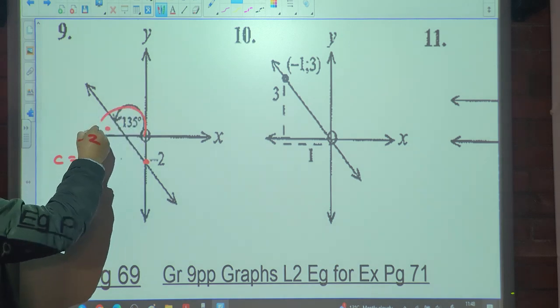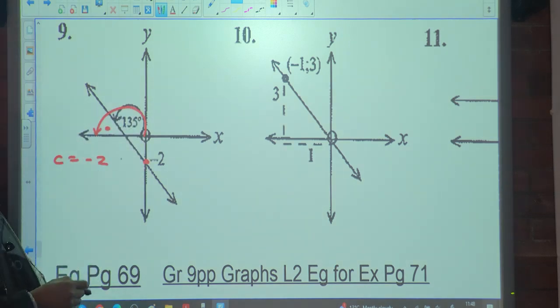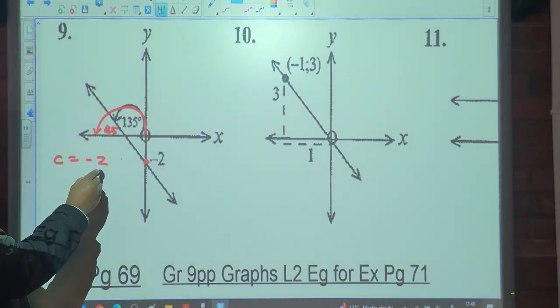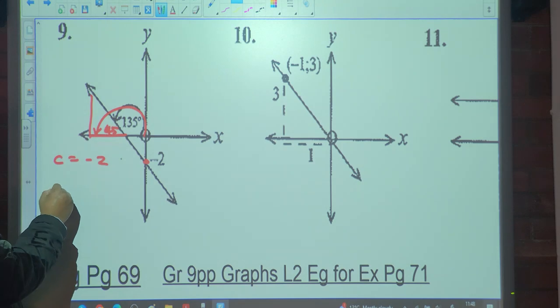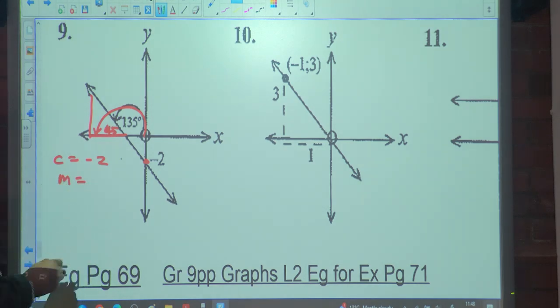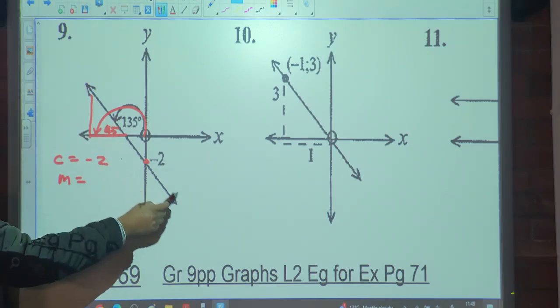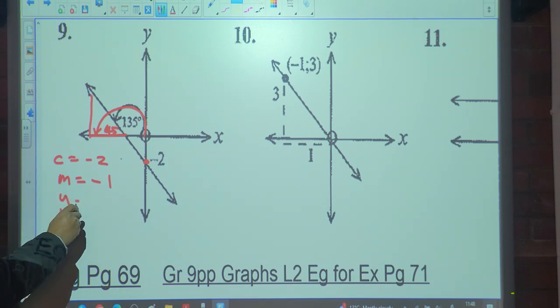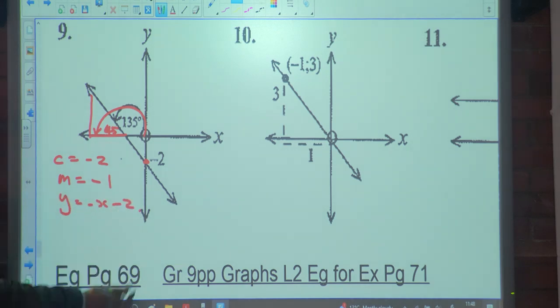These are angles on a straight line, which makes the size of this angle 45 degrees. Can you see that? And what was the gradient earlier on when it was 45 degrees? Okay, is this gradient positive or negative? Negative. What's my equation? y is equal to negative x minus 2. You guys understand?